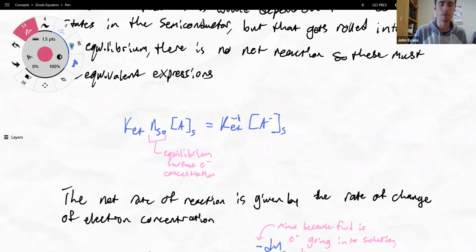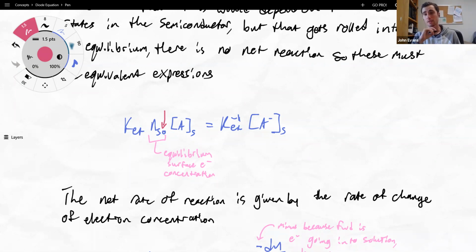Now, we're going to rewrite this, except we are also going to now denote this N sub S naught. So this N sub S naught just means that it is the equilibrium surface electron concentration.